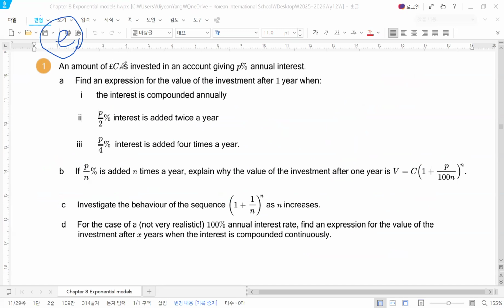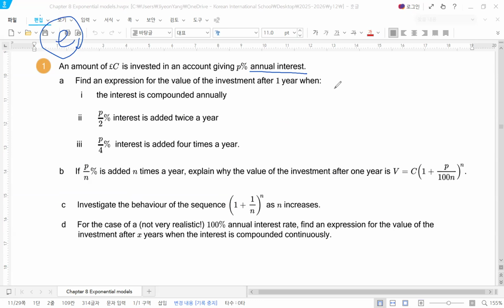An amount of pound C is invested in an account given P% annual interest. Find an expression for the value of investments after 1 year. The interest is compounded annually.